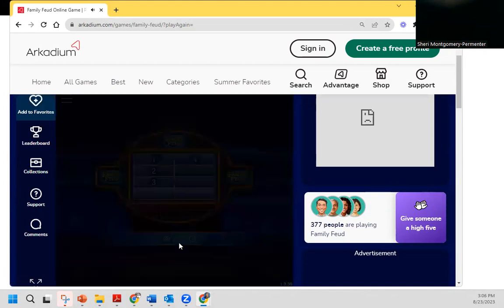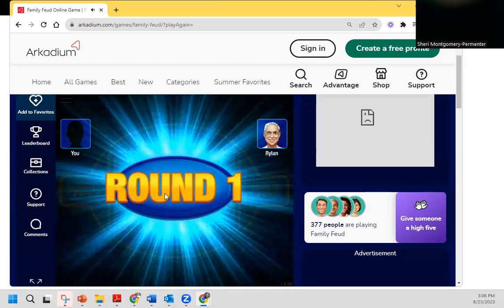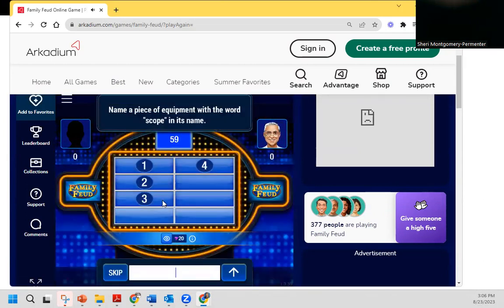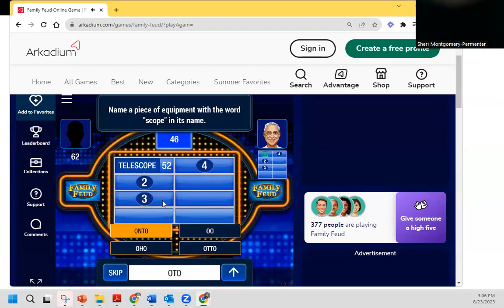All right. We are currently in second to last place. Name a piece of equipment with the word scope in its name. I think auto is.